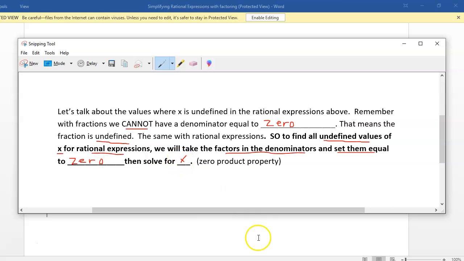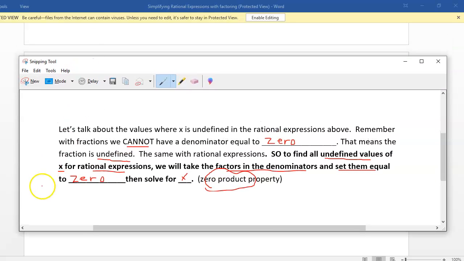Okay? And we're just thinking in our head, this is the zero product property. Okay? As long as I have all multiplication with my factors, I can set them equal to 0 and solve for x. We'll use this method to figure out when our rational expressions are undefined. So here we go. Let's go back to the examples in the beginning and let's figure out all the undefined values.